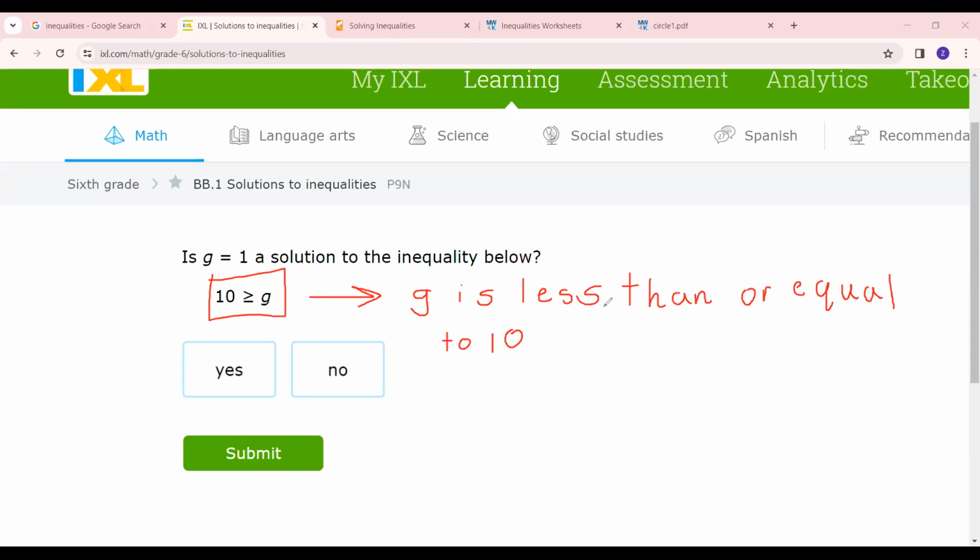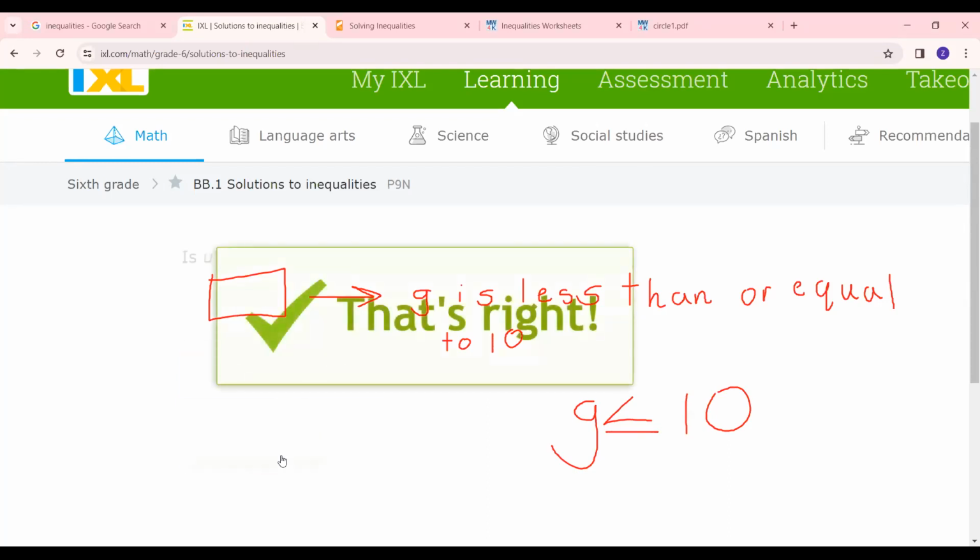If G is less than or equal to 10, is G equal to 1 a solution? Yes, it is. All right, let's move on to the next one.